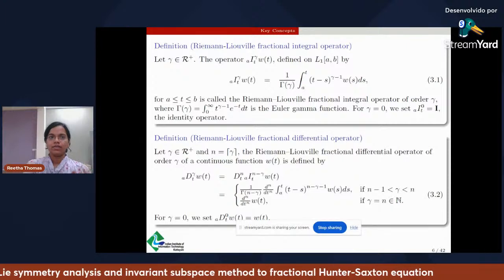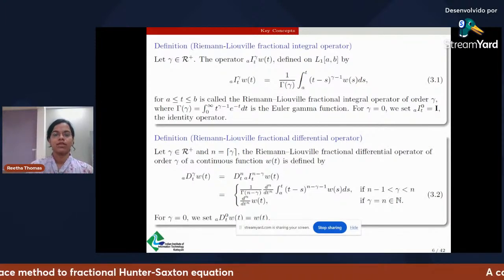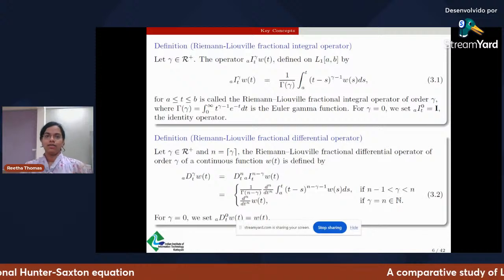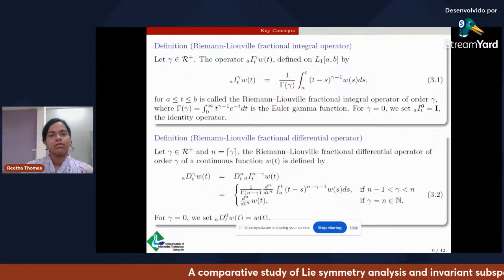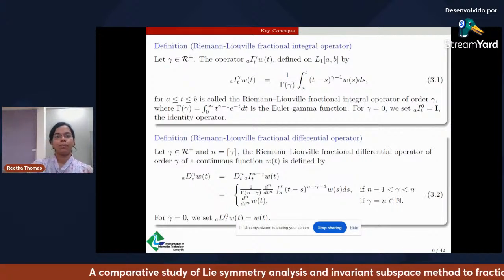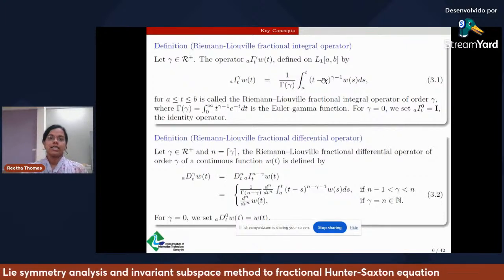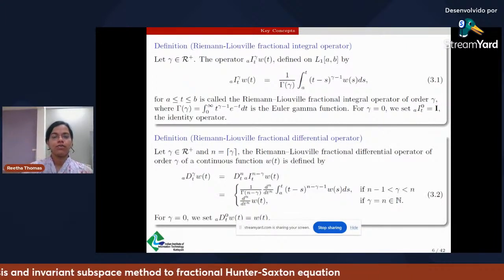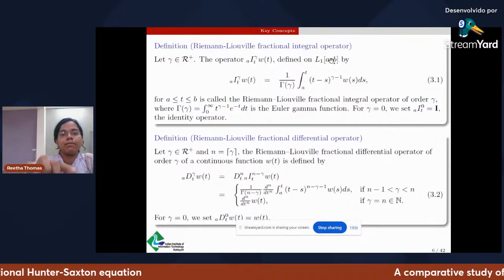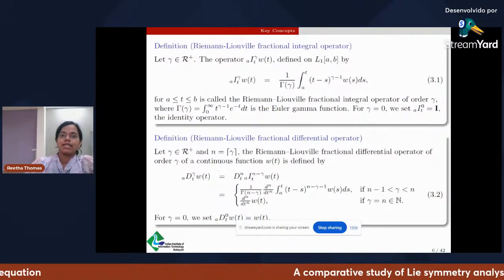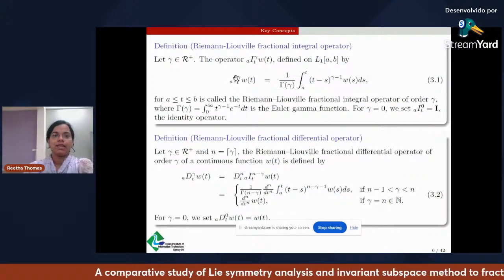Moving into that, we just need some basic concepts to understand the method to solve the fractional Hunter-Saxton equation. Riemann-Leibniz fractional differential operator is defined using the Riemann-Leibniz integral operator. As fractional calculus is the generalization of integer order calculus, we can define the Riemann-Leibniz fractional integral operator as the generalization of Cauchy nth order integral formula, which is defined I_t^n.